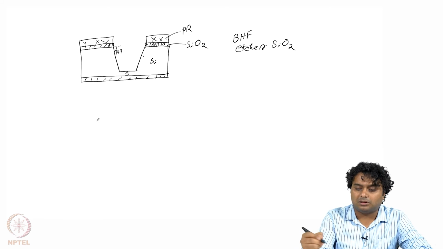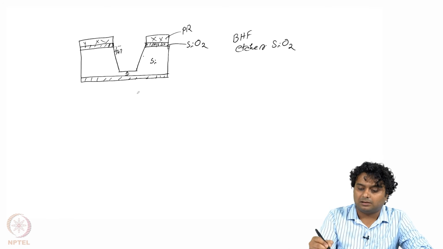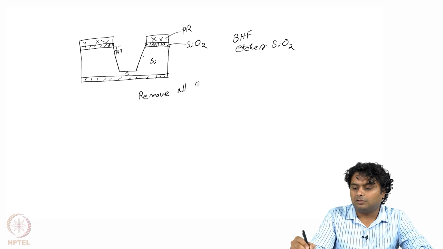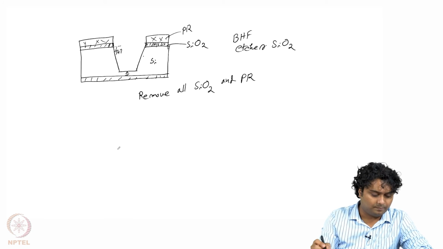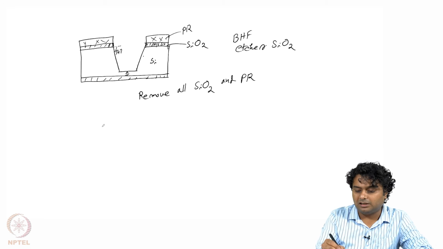Then we can again use buffer HF and acetone to strip off all the SiO2 and PR. We remove all the SiO2 using HF or that kind of solution, and we remove the PR by using acetone, and then we get only the silicon structure like this.